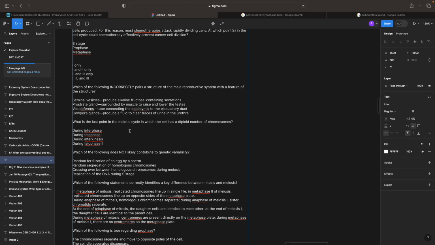What is the last point in the meiotic cycle in which the cell has a diploid number of chromosomes? So as we got to know, it must be prophase 1. But this is different.